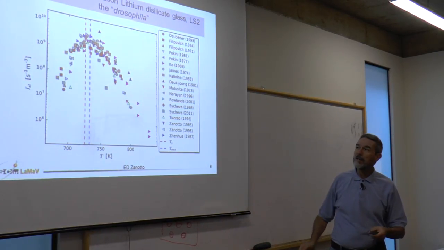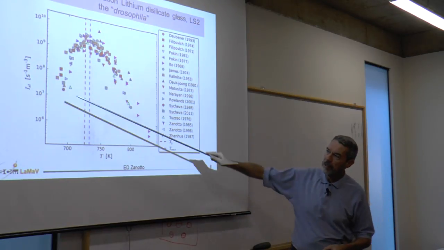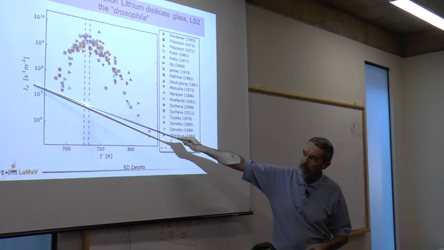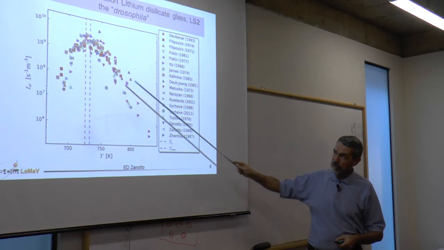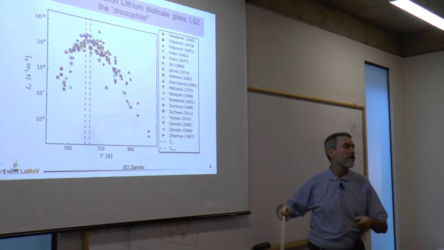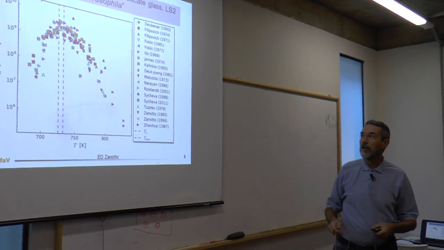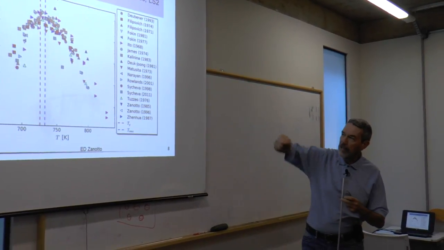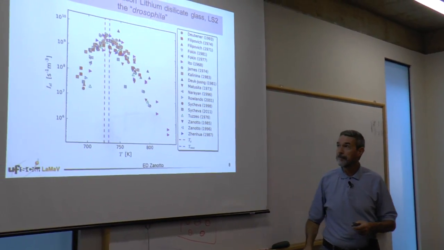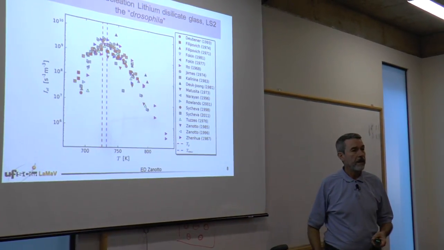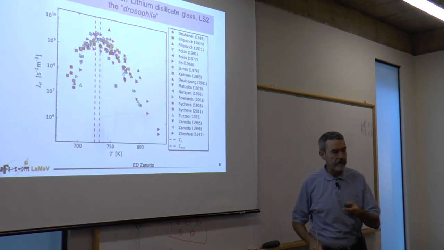For lithium disilicate, people have measured nucleation rates, and you can see in this plot, which is the steady state nucleation rates versus temperature, that there is a scatter, of course, because of variations in chemical compositions and in the techniques used to measure, but they coincide. You see, the overall shape of the nucleation rate curve is the same. And this is a very strong indication of homogeneous nucleation.